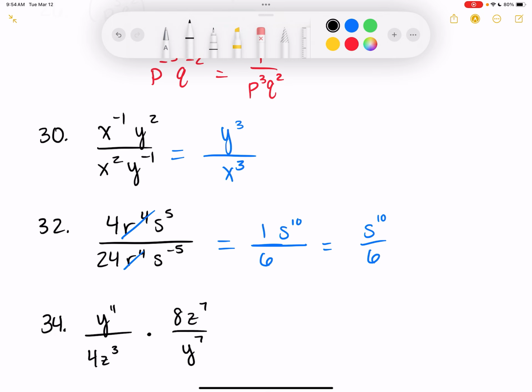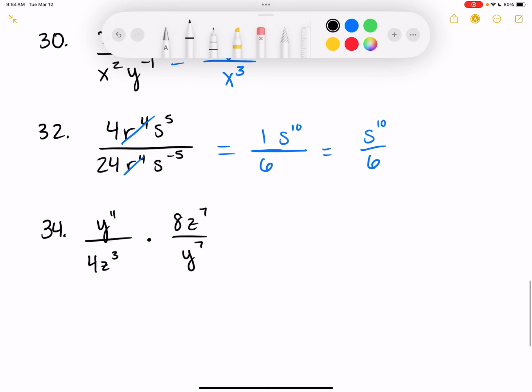So take a minute and do that one. And remember, even though there's no negative exponents here, I still can only have each variable written one time.